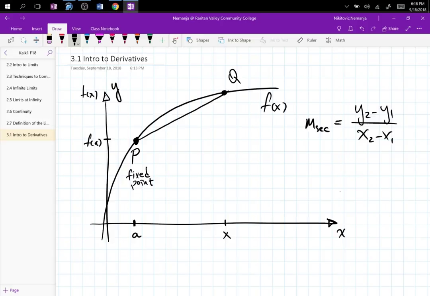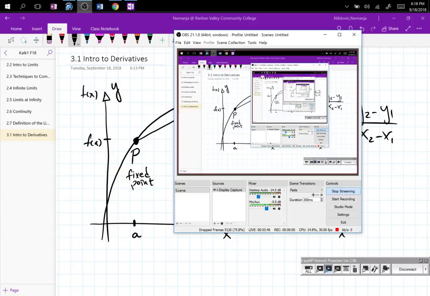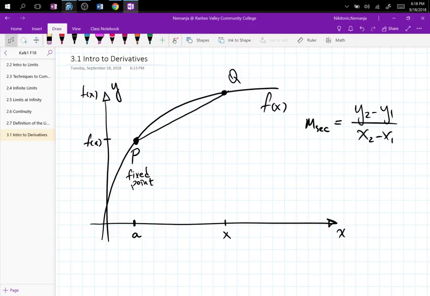Yeah, I think we're having internet issues with the wireless, so everything is slow.